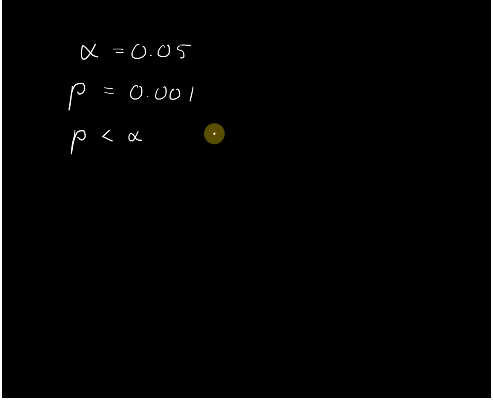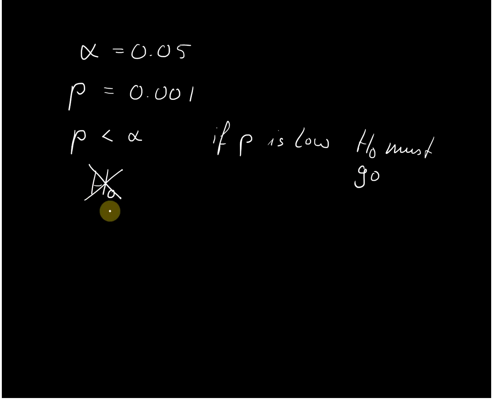If p is low, H naught must go, and therefore we can say we cannot accept our H naught. Instead, we have to accept our alternative hypothesis.